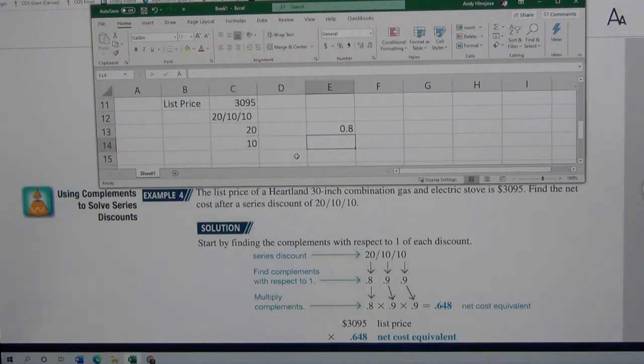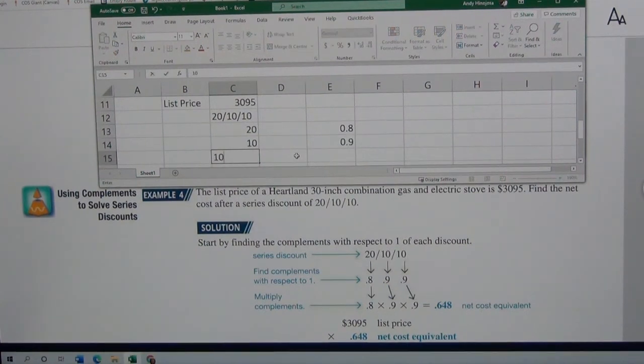Well, the complement of 10, the decimal is 0.10, so the complement is going to be 0.9, and then it's going to happen again, 10 and 0.9. So we can take our calculators and take 0.8 times 0.9 times 0.9, and we're going to get 0.648.